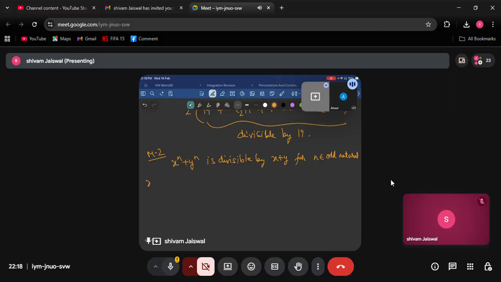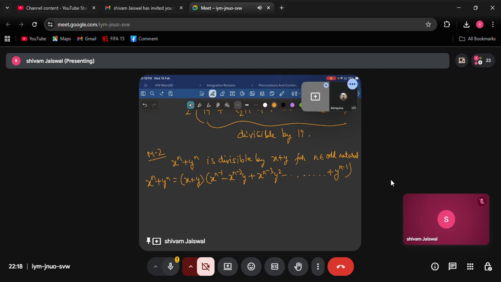Whenever n is odd, x to the power n plus y to the power n is equal to x plus y into x to the power n minus 1 minus x to the power n minus 2 into y plus x to the power n minus 3 into y squared minus dot dot dot. Lastly will be plus y to the power n minus 1.